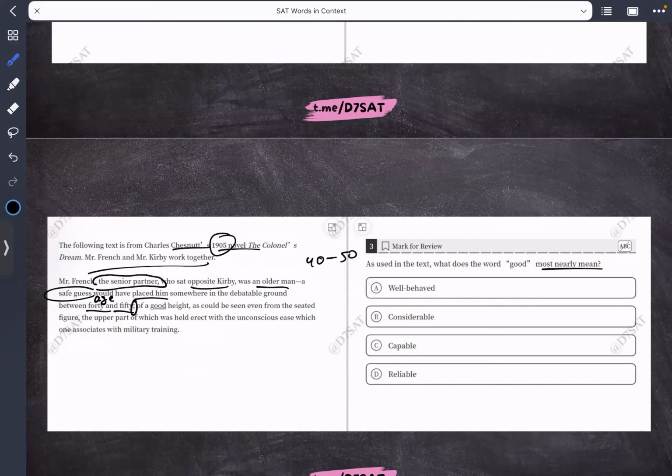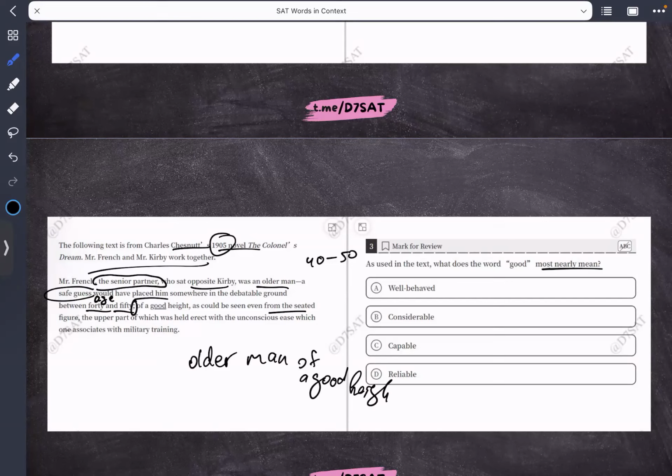But based on standard English conventions, you cannot use a semicolon before a preposition like "of," right? Of a good height. So he was an older man of a good height. Good height, so it's about how tall the person was.